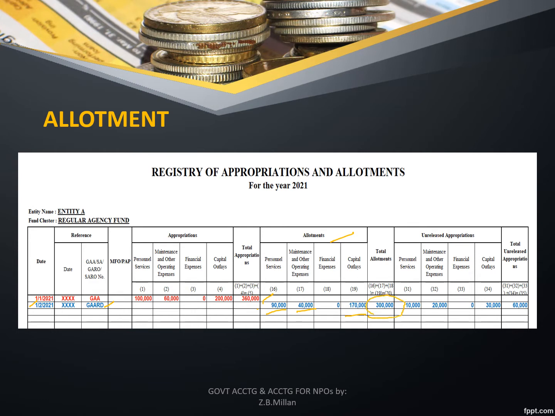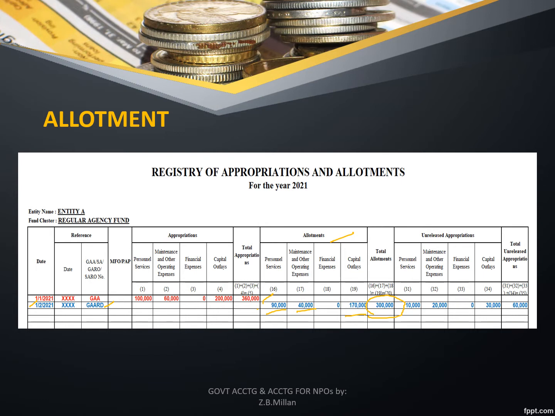After posting the amount of allotment in the allotment column, we will compute for the unreleased appropriation. Again, the purpose of the RAPAL or the Registry of Appropriations and Allotment is to ensure that our amount of allotment will not exceed the appropriation. So again, this is a monitoring tool so we can monitor our amount of allotment as compared to the amount of appropriation.